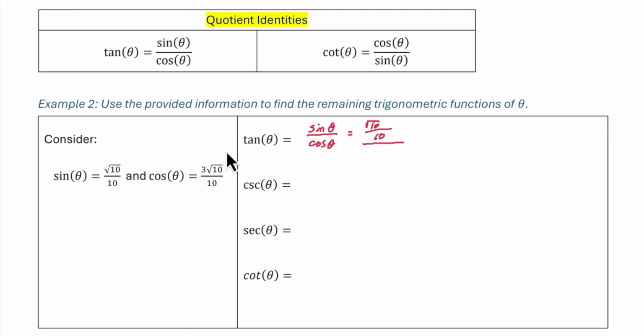And cosine theta, we're told, is 3 square root 10 divided by 10. We have a fraction divided by a fraction, so we can keep the first fraction the same and multiply by the reciprocal of the denominator. Simplifying this, we get 1/3.